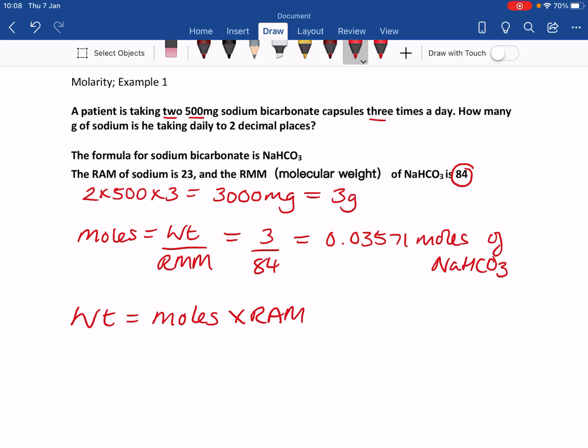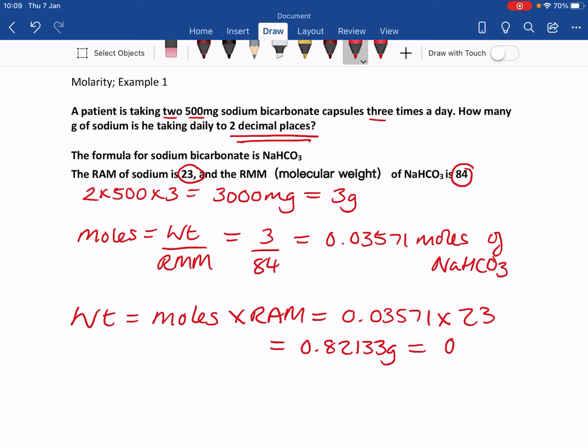So we've just calculated the number of moles, so that's 0.03571, and we've been given the relative atomic mass, which is 23. So this equals 0.82133 grams. Now this is our final answer, so the question is asking us to round it to 2 decimal places, so we can do so at this point. So to 2 decimal places, this equals 0.82 grams.